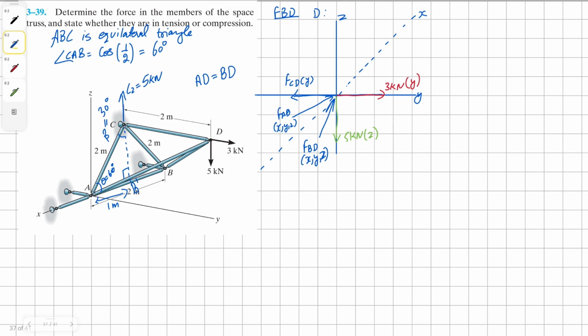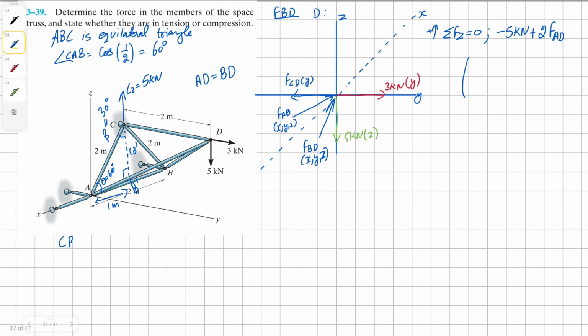Now we can start solving, and we can start from our z-axis by summing the forces in the z direction. We're going to have negative 5 kilonewton, and then we're going to have positive 2 times, and that's because we know that AD and BD are going to be the same, so we're going to take one of the two, AD or BD, times its z component, which is simply going to be, first we need to find, I'm going to name this CB prime.